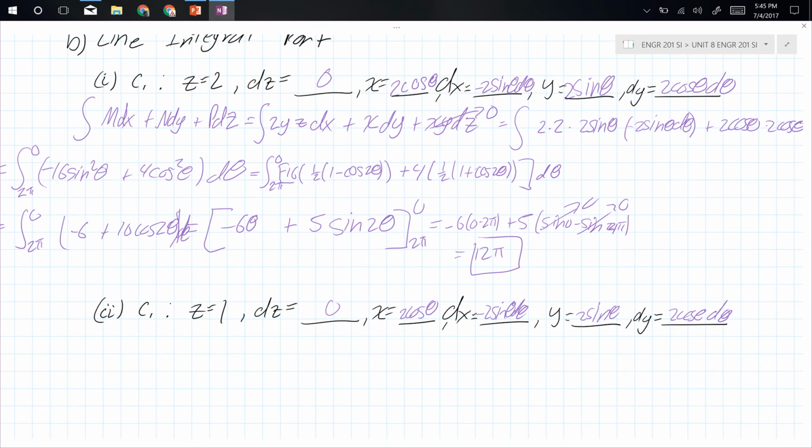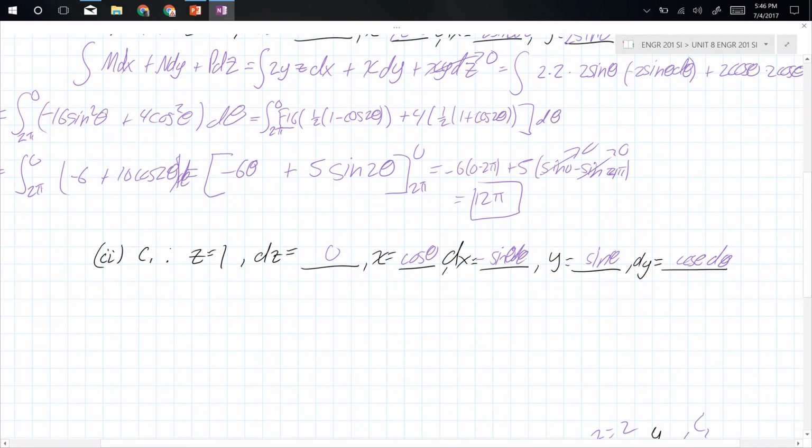And r is different this time. So instead of it being 2, it's 1. My bad for that confusion. Since x equals r cosine, y equals r sine, r in this case is 1 because we're looking at x squared plus y squared equal to 1, where z equals 1, so r would equal 1.